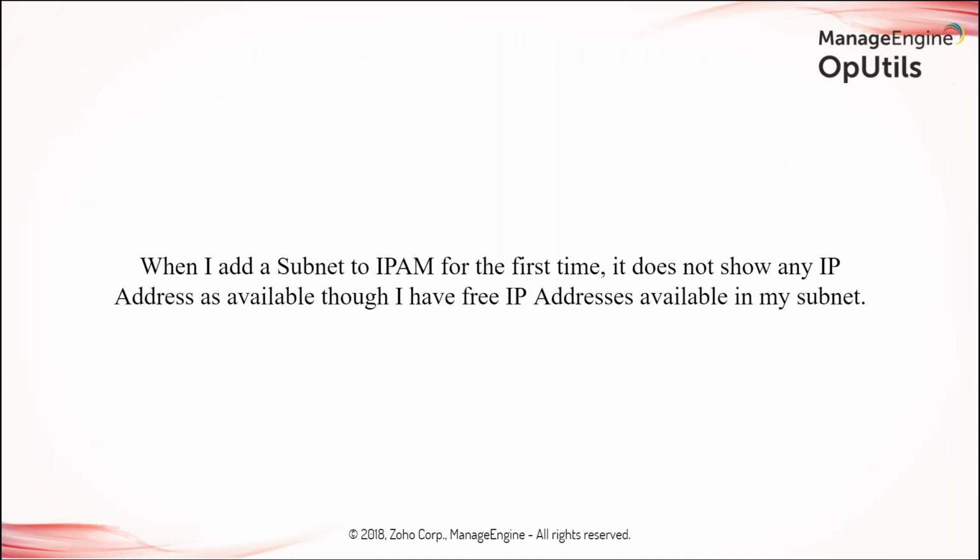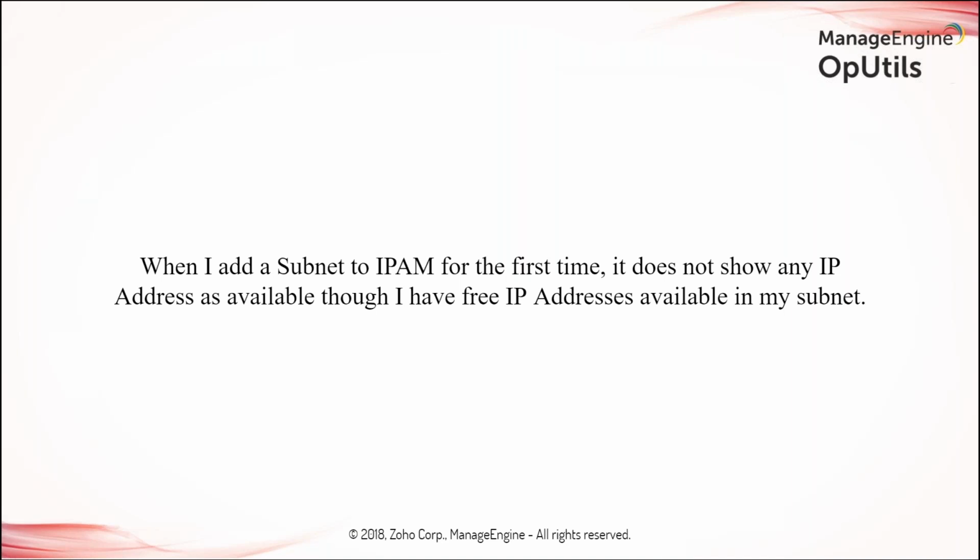The next question we have is, when I add a subnet to IPAM for the first time, it does not show any IP addresses available, though I have free IP addresses available in my subnet. Whenever you add a subnet into the IP address module, the used IPs will be placed under the used state, whereas the unused IPs will be placed under the transient state.